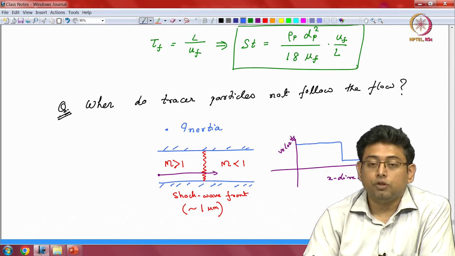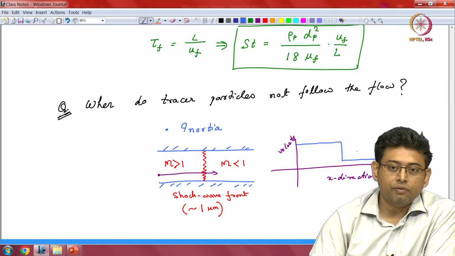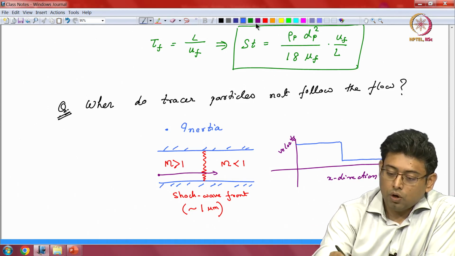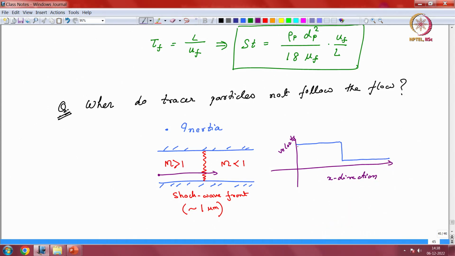A particle has to follow this, but the particle's inertia is going to make its life difficult. If it is a good tracer particle, it will be able to follow the flow field on this side, but when it comes to this sharp change, it will not be able to accelerate fast enough, and instead will have a smoother transition into the other side velocity.